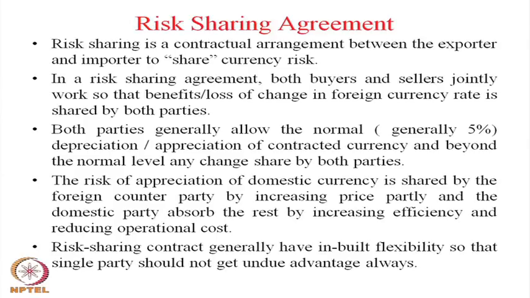So, risk sharing is beneficial for two parties, and they try to address the foreign currency exposure or operating exposure by having a contract document. The contract document generally has inbuilt flexibility. The inbuilt flexibility allows the two parties to share the risks or share the benefit together.